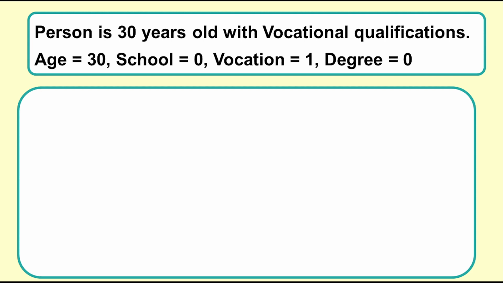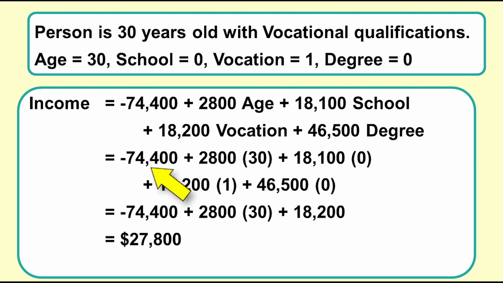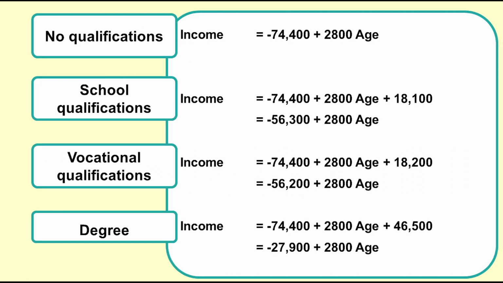For a 30-year-old with vocational qualifications, the expected income is negative 74,400 plus 1 times 18,200 plus 2,800 times 30, which equals 27,800. The values for school and degree are zero. You can also combine the dummy coefficient and the constant to express the model as four equations like this.